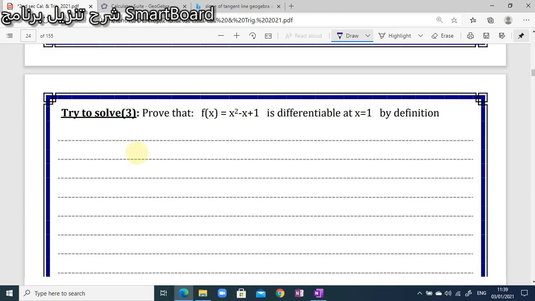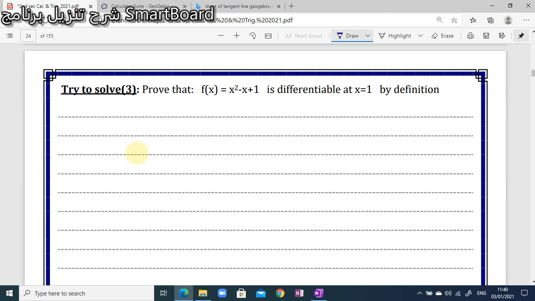The second one: prove that f of x equals x power 2 minus x plus 1 is differentiable at x equals 1 by definition. To prove that the function is differentiable, you must find the value of the limit.